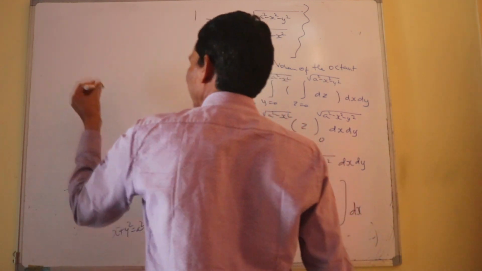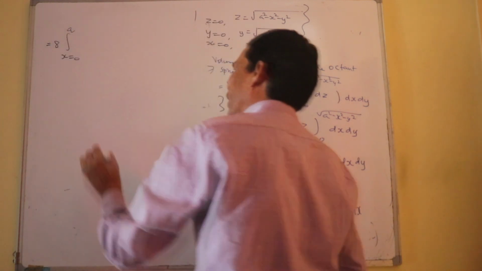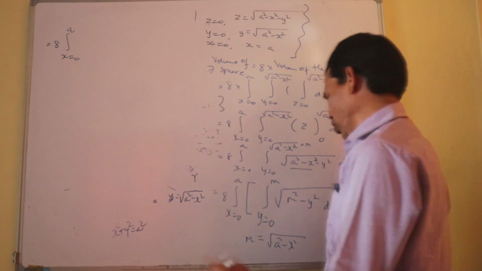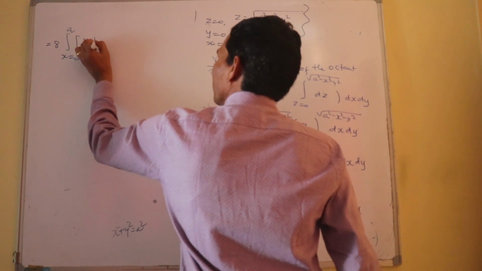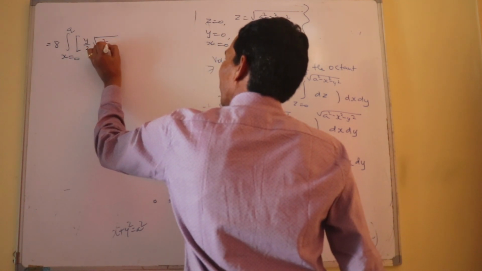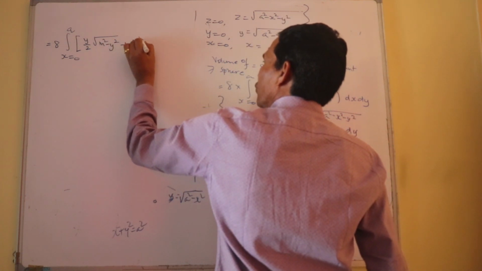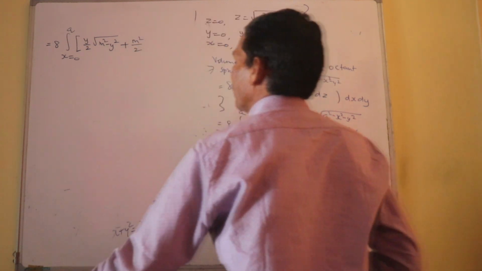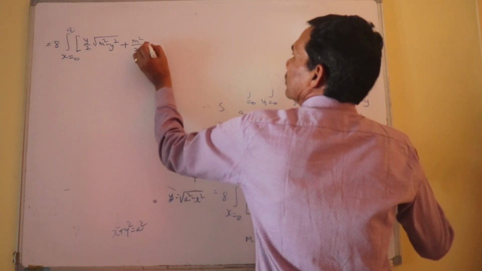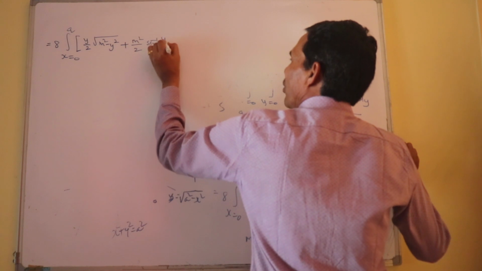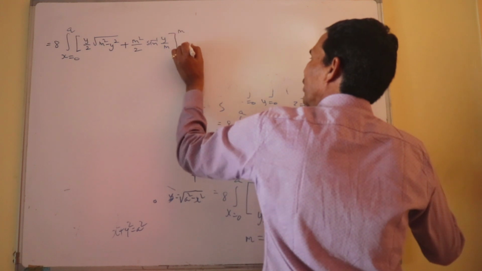So I integrate this: 8 times x from 0 to a. Integration of this is something like this: y by 2 root of m square minus y square plus m square by 2 sine inverse of y upon m, with limits 0 to m, into dx.